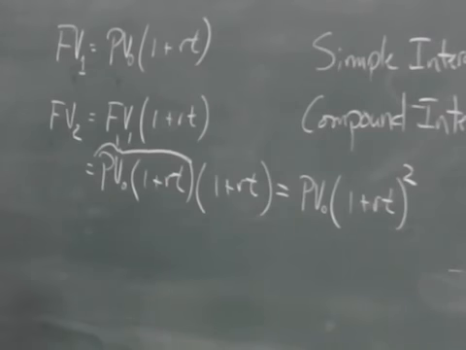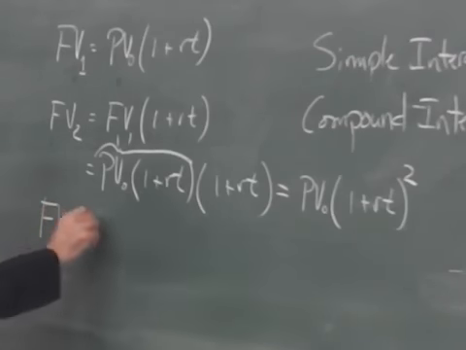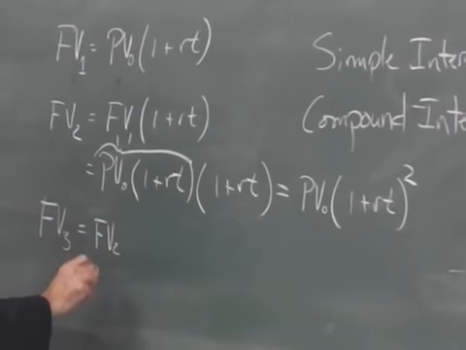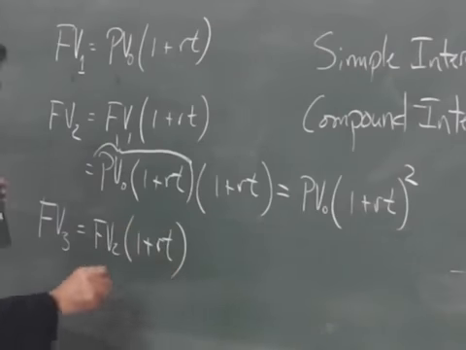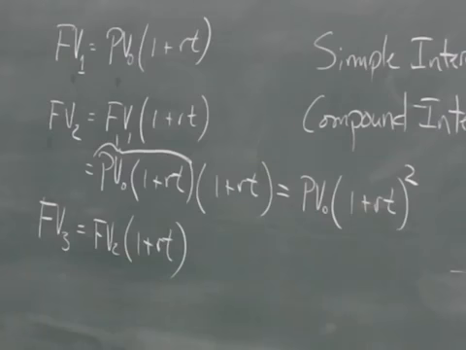Now what do I want to calculate? The end of the third year. How do I denote that? FV3. That's how much I have in the bank at the beginning of the third year, and then I get some interest on it. So how much do I have at the beginning of the third year? FV2, and then I get the same thing, 1 + RT. Hope I'm doing the T right.